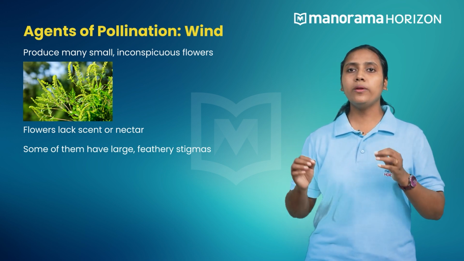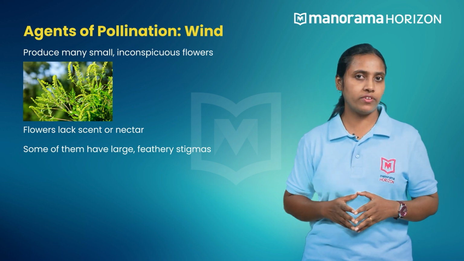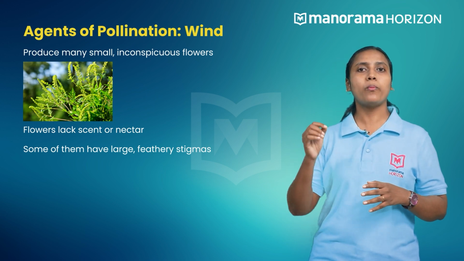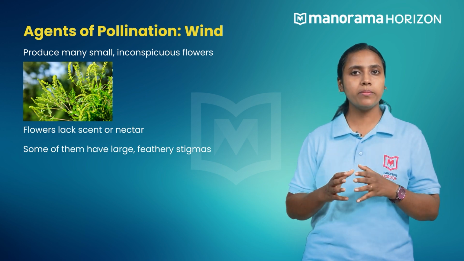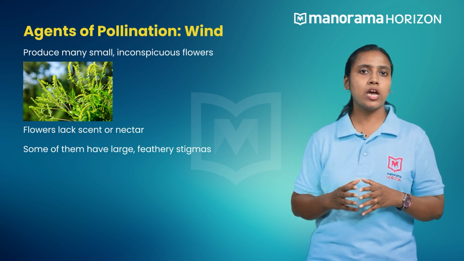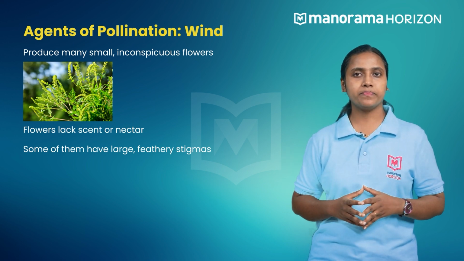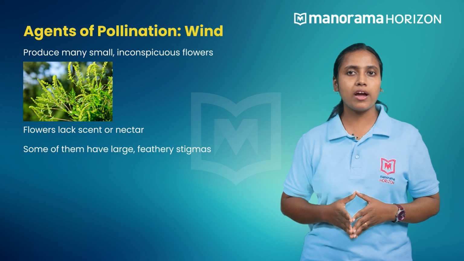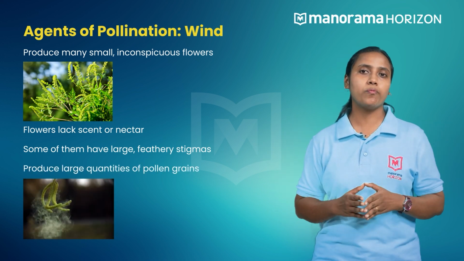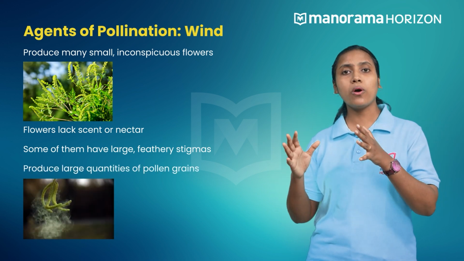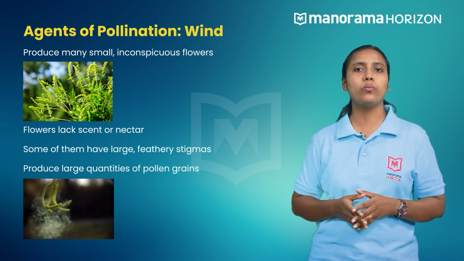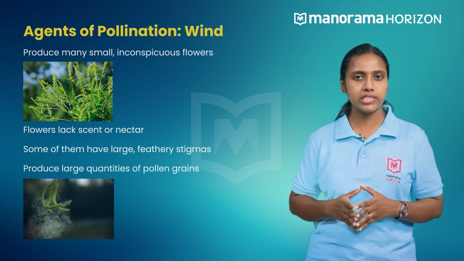Since wind pollination is a chance event, the probability of a pollen grain landing on a stigma of the same species of flower is less. The wind-pollinated plants produce large quantities of pollen grains to ensure that some pollen grain will land on the appropriate stigma.